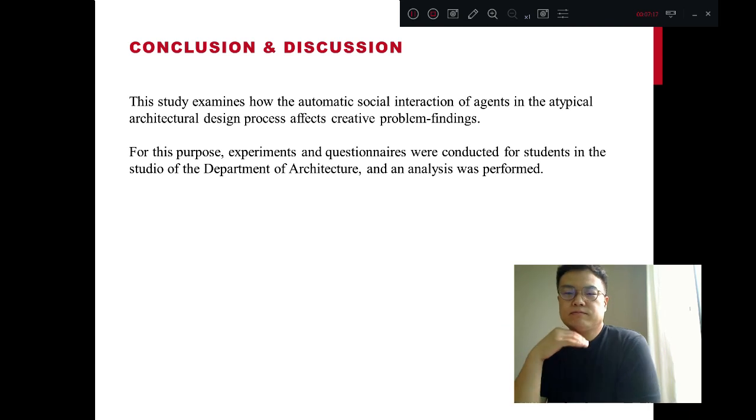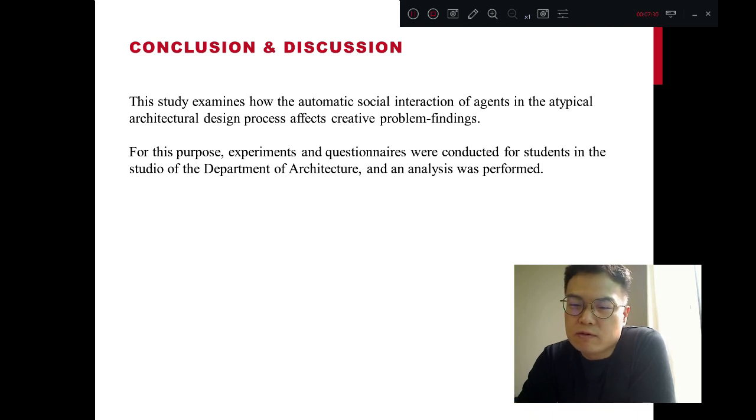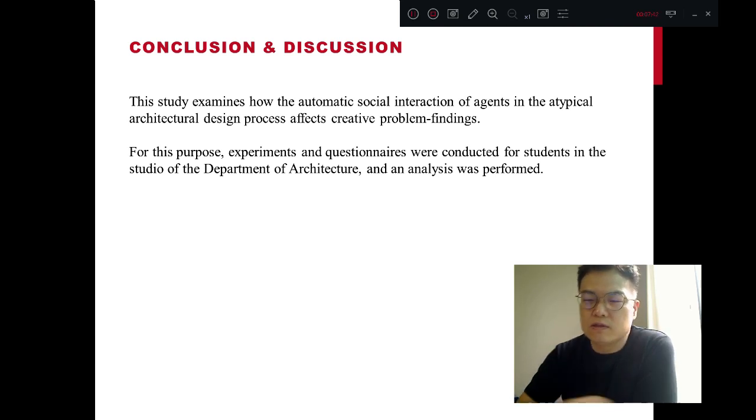Okay, conclusion. This study examined how the automatic social interaction of agents in the typical architectural design process affects creative form finding. For this purpose, an experiment and questionnaire were conducted with students in the studio, the department of architecture, and then analysis was performed.